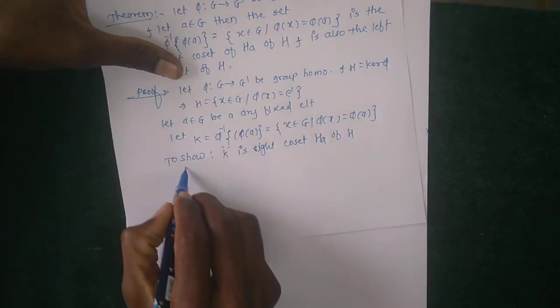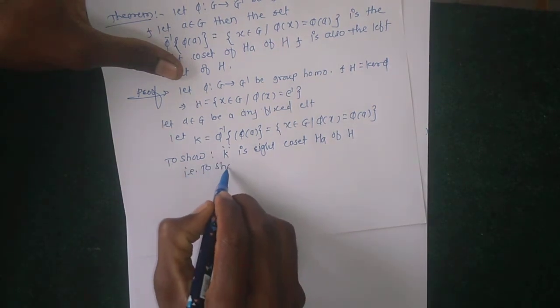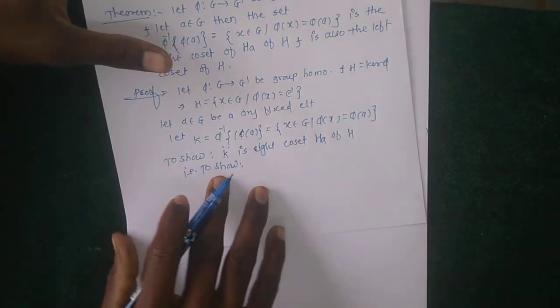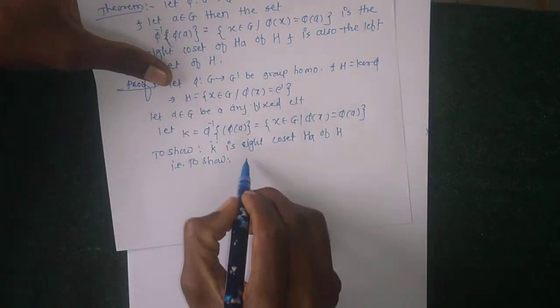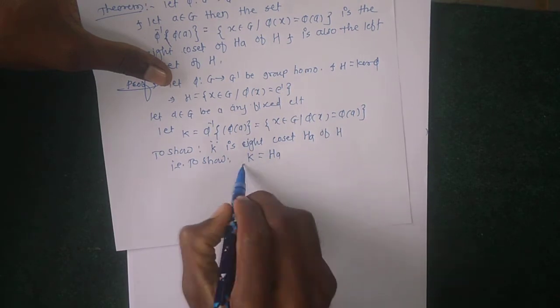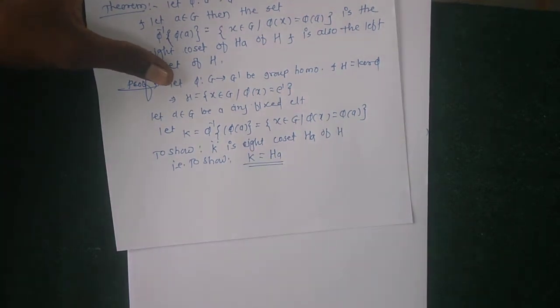That is, to show K is the right coset HA of H, that is to show that K equals HA.